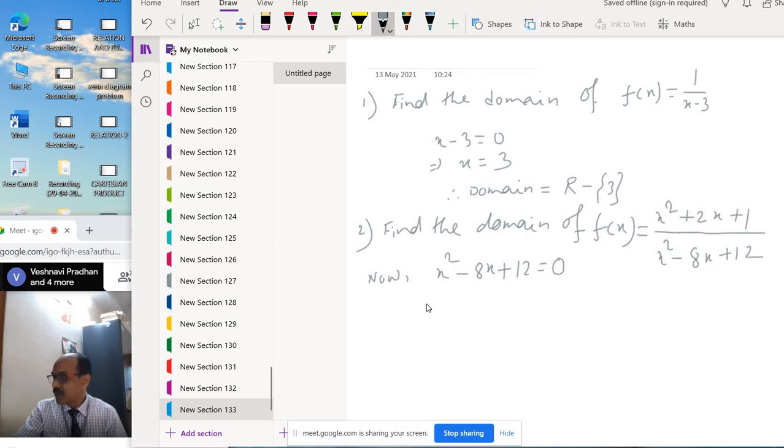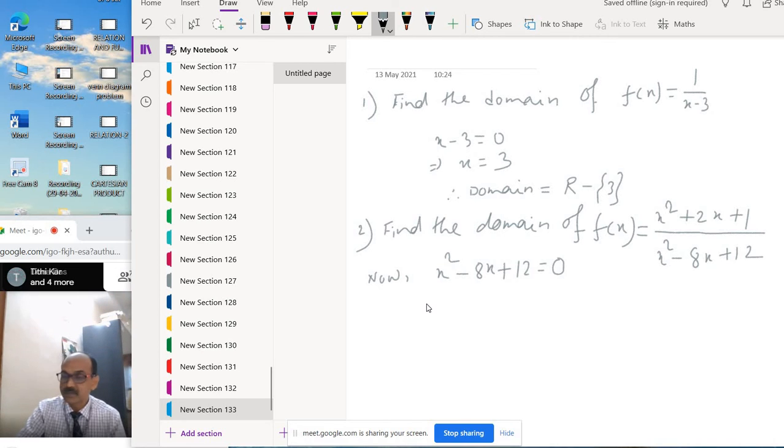Middle term factorization. So start with the middle term, then 12. 12 is 6 into 2, and 6 plus 2 is 8.